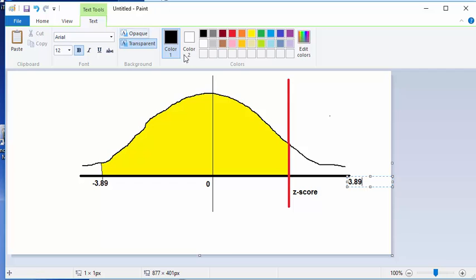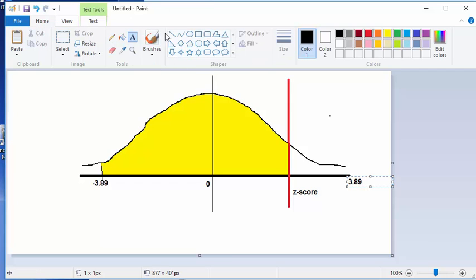So if you have any z-score, it doesn't matter which one, and it's somewhere there, then if we assume that the z-score is 2, the corresponding probability for 2 can be found in the z-table, and this probability will be nothing else than the area that is right here, yellow. On the z-table, you will always find the area to the left of the z-score.